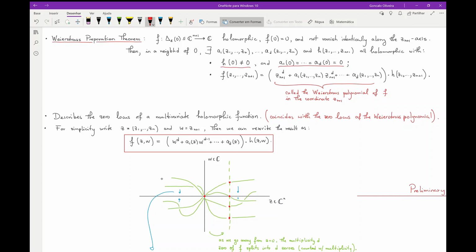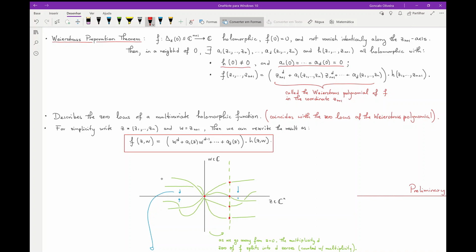So this is a polynomial in z_{n+1}, but its coefficients are holomorphic functions of the remaining coordinates, times h. Okay? And given that h does not vanish at the origin, the zero locus of the thing in these parentheses actually controls the zero locus of f near zero.